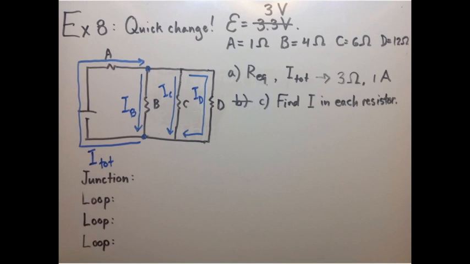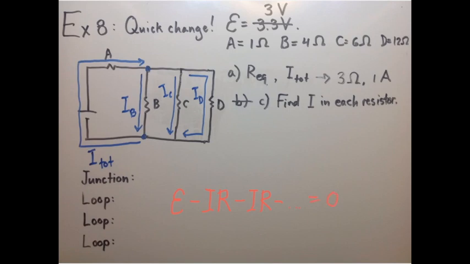Now, if you recall, the format for the junction equations is I in equals I out, because that's Kirchhoff's first law. And then the loop equations are going to be of the format usually battery EMF, minus, and then for each of the resistors, IR, because V equals IR, and however many IRs you need to get back around to wherever you started on the loop, and then equals 0.